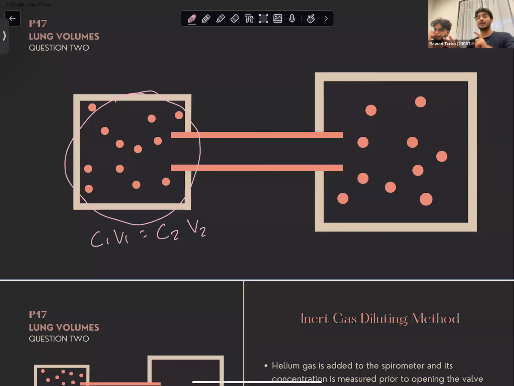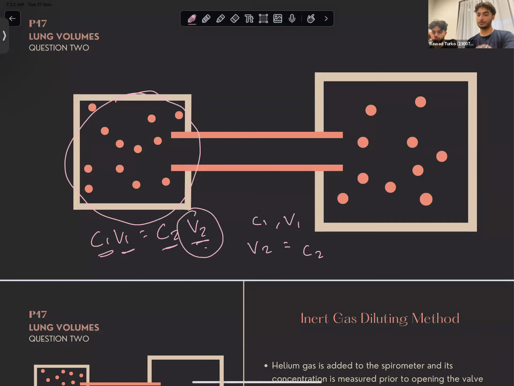It's the same amount of gas, but now you have two different concentrations in two different volumes. From these values, you can get any one of these four. So if you know C1, V1, and V2, you can get C2 with this formula. In this case, what are we trying to get?